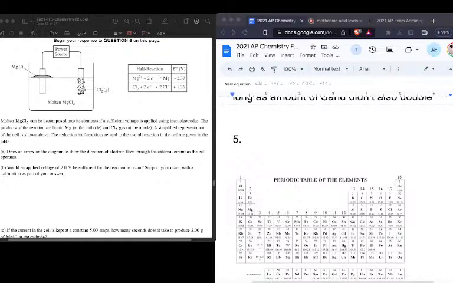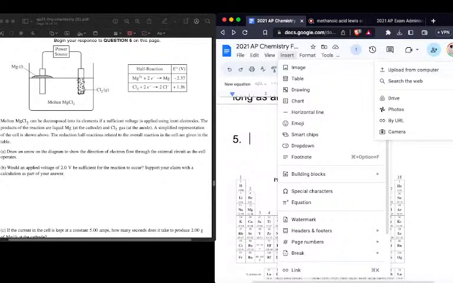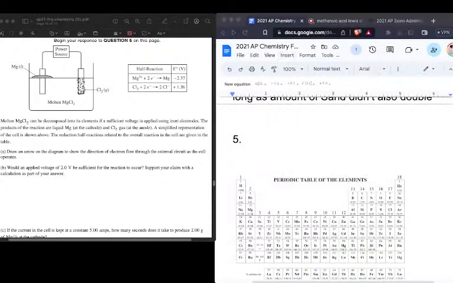Similarly, when the Cl- ions are attracted to the chlorine electrode, we've got to take those electrons away and send them somewhere in order to oxidize the chloride into chlorine. So I think this is the direction of our electron flow. Insert image. Oh wait, I can just drag and drop here.